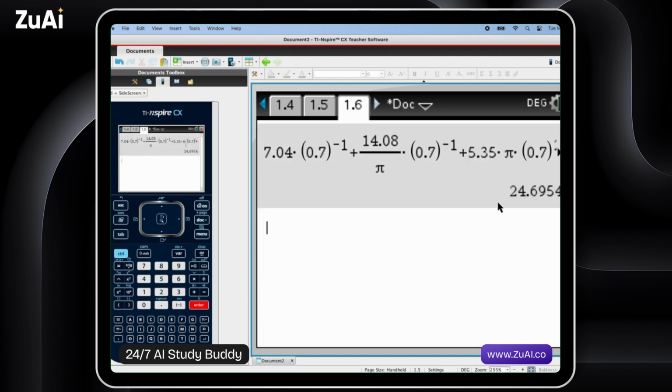And this is the cost of one cylinder, $24.69 and 54. So it's 24.6954.